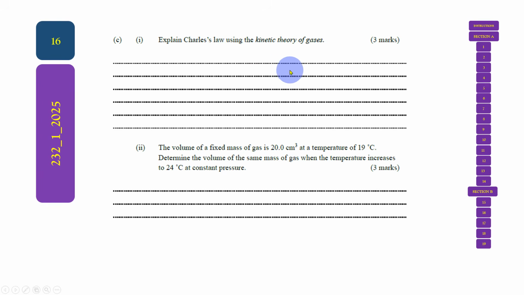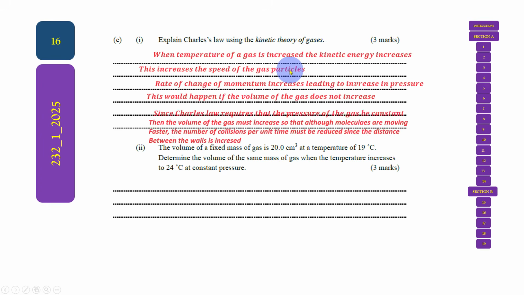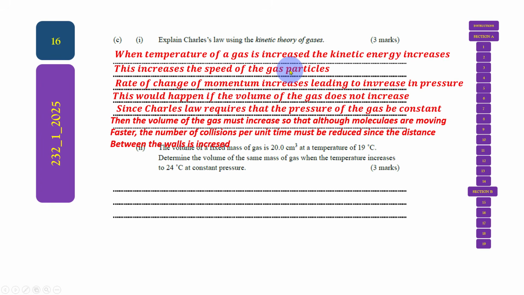How do we do that? I've written a number of points here which you can pick several of them so long as they follow each other well. For example, I've already mentioned that when the temperature of a gas is increased, the kinetic energy increases. And when the kinetic energy of the gas increases, it means that the particles are going to move faster.